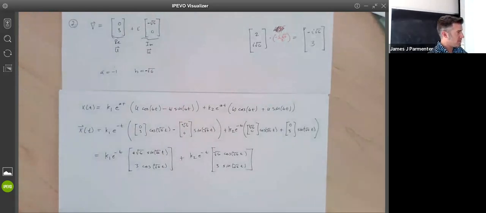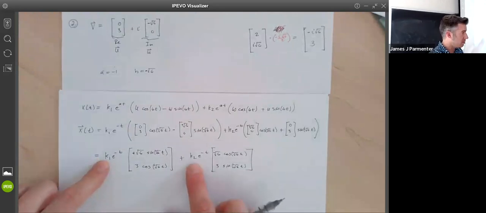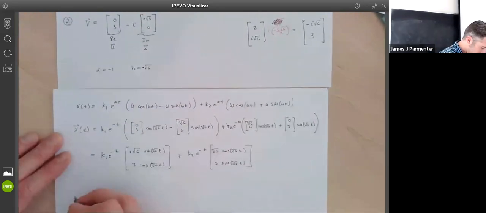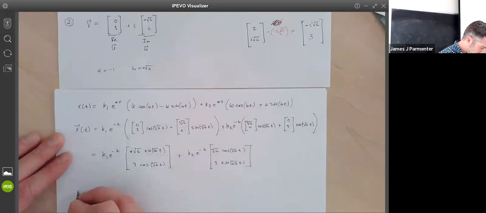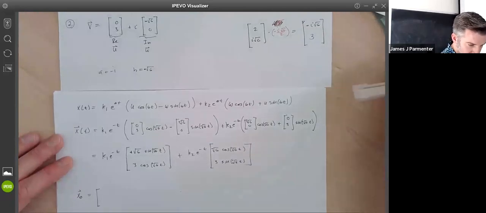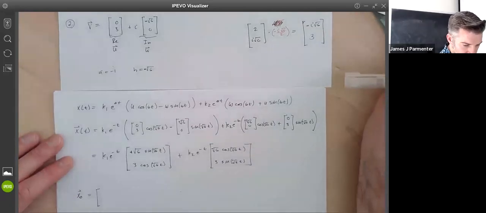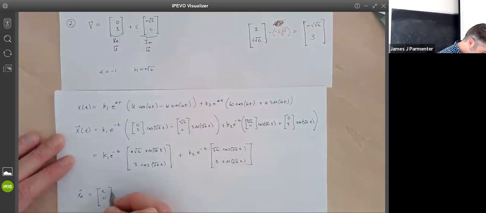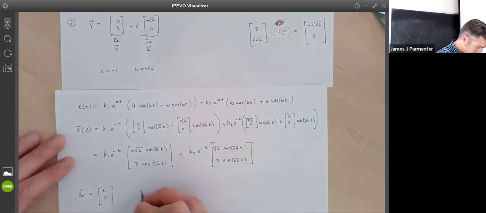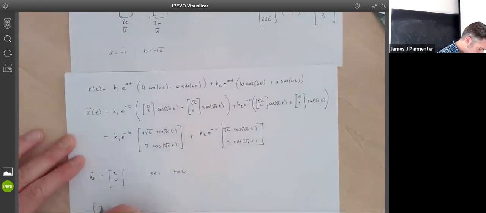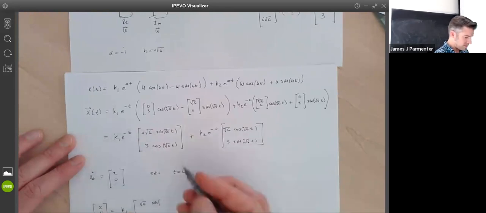The other thing we wanted to do was find the K1 and K2. So we were given x naught equal to the vector, I believe it was 2, 0. Yeah, 2, 0. So then we're going to set t equal to 0, and we're going to get 2, 0 equal to K1 root 6 sine of, well, what is sine of 0?